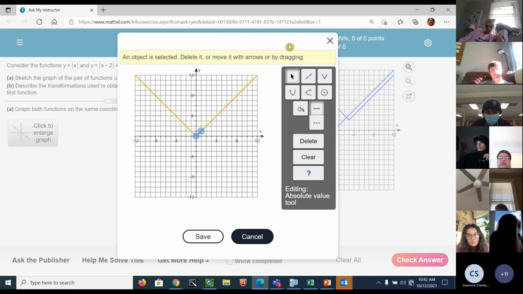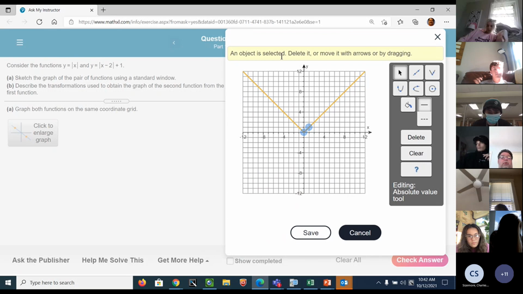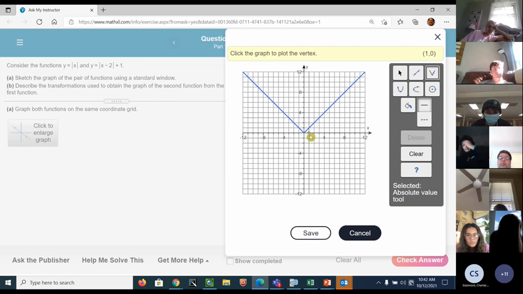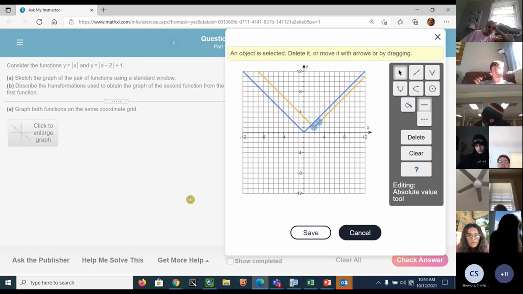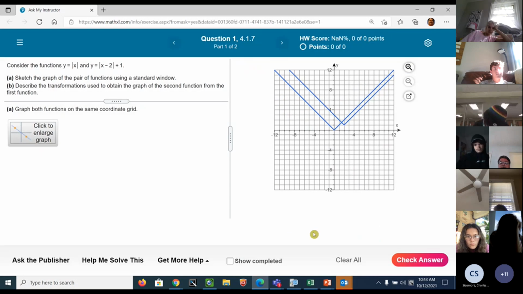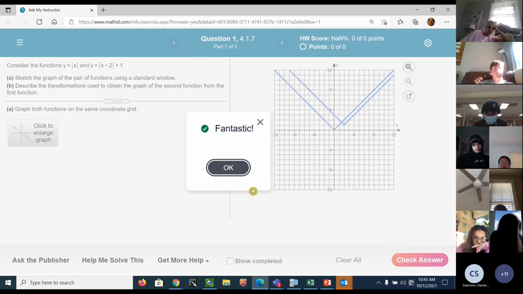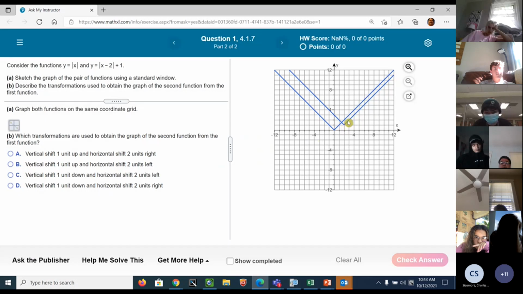Now, the function they're showing us with this one is +2 and +1. So that means I'm going to draw a second one at +2 to the right and +1 up. And it's a 1-to-1 also. That's what I got. Save and check. I believe that this one was off by 1 going up. I'm not sure, but that's the right answer.